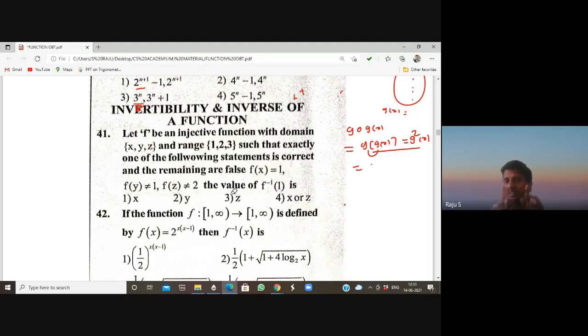When the function is one-one and onto, then only can we say that the function is bijective and its inverse exists. Many times I have repeated, even in inverse trigonometry, first we check whether the given function is one-one and onto or not. So here also, if they ask about invertibility, we need to check invertibility, right? Okay, fine.